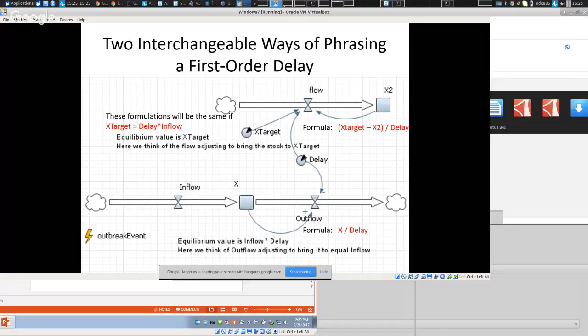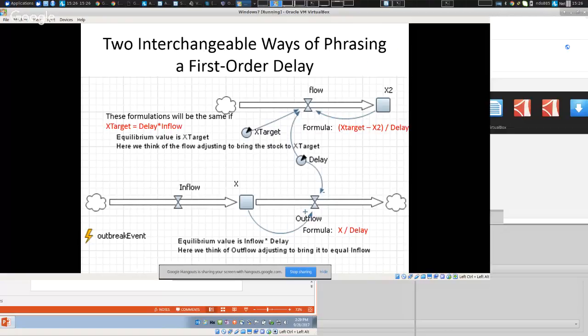Good. Now, another equally good way to phrase the stock is as follows. Consider the same delay. We could frame the stock in this top one here. So we have a flow into a stock. And the stock's goal here is to make the value of the stock, which I've called X2, equal to some target value.